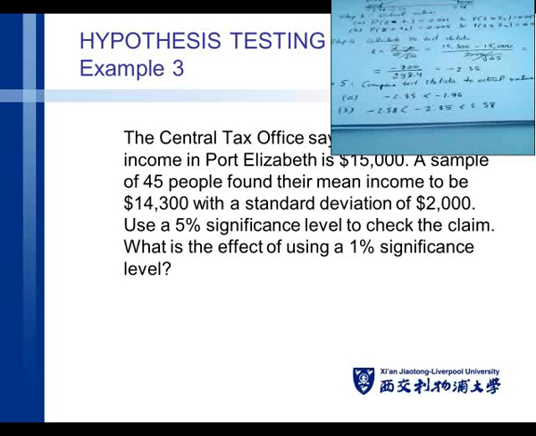And then step 6 is come to a conclusion. What is the conclusion for the 5% significance level? Who thinks reject?